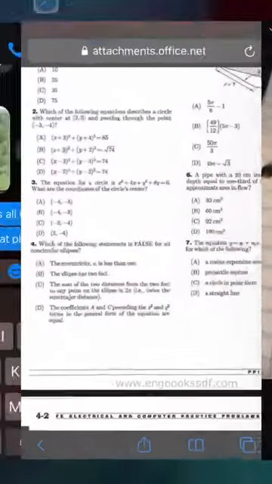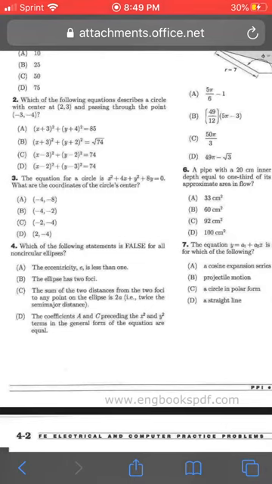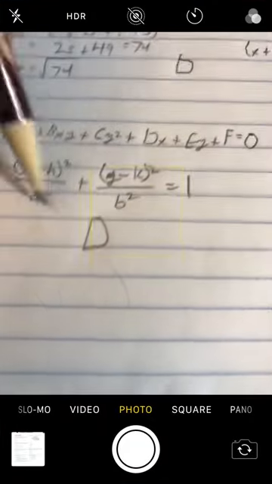And as the answer key put it, the coefficients preceding the squared terms in the general equation are equal only for a straight line or circle, not for an ellipse. And that's essentially true, because if they were equal, let's say a squared and b squared were equal, then it would be a circle.